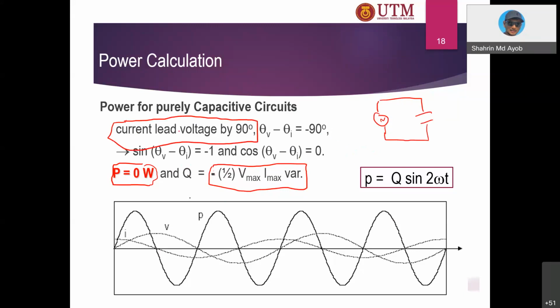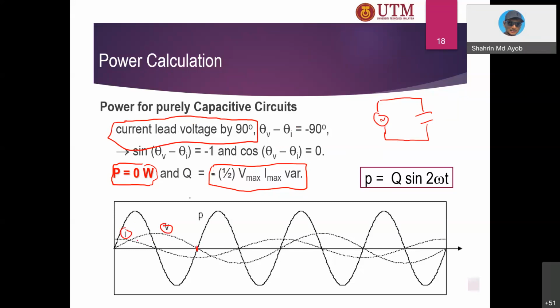So if you see the current lead the voltage by 90 degrees, you can confirm that the load is a capacitor. So how can you see? This is the voltage and this is the current. You see the voltage, for example, this one.